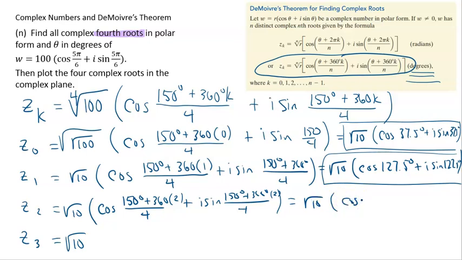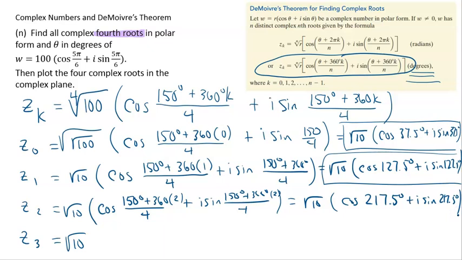So this is 150 degrees plus 360 times 2, I typed in something wrong. So 150 plus 360 times 2. That gives me 870 degrees divided by 4. That gives me 217.5 degrees plus I times the sine of the same angle, 217.5 degrees.